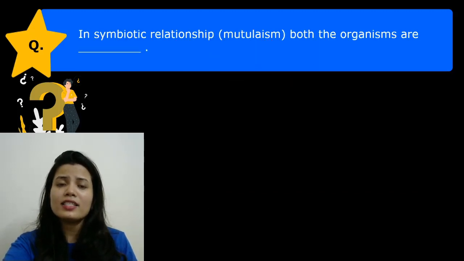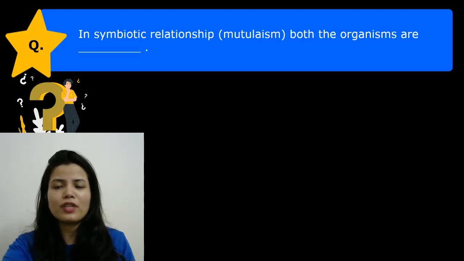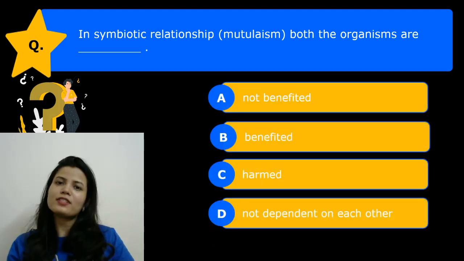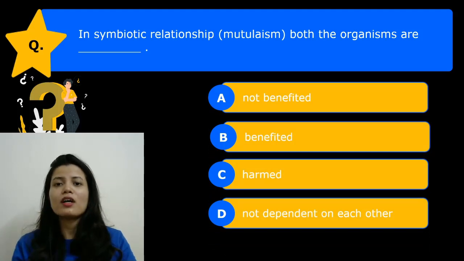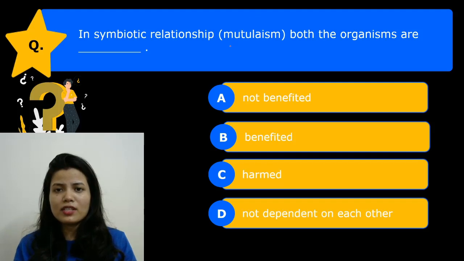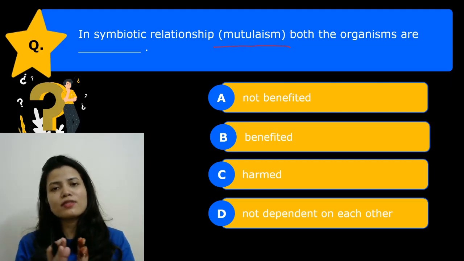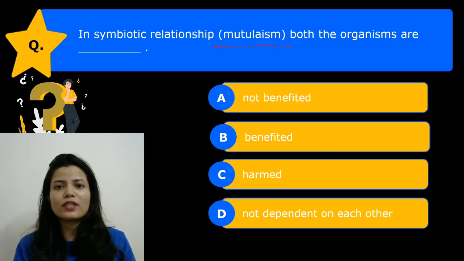Next question. In a symbiotic relationship, in brackets mutualism, both the organisms are. In a symbiotic relationship, two organisms live together. In mutualism, two organisms live together and both are benefited. For example, lichen.